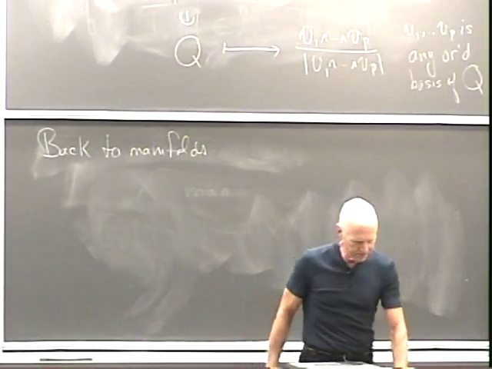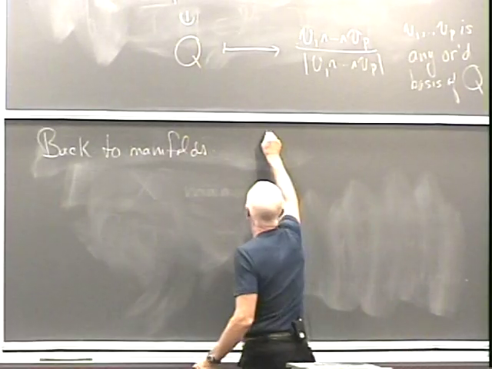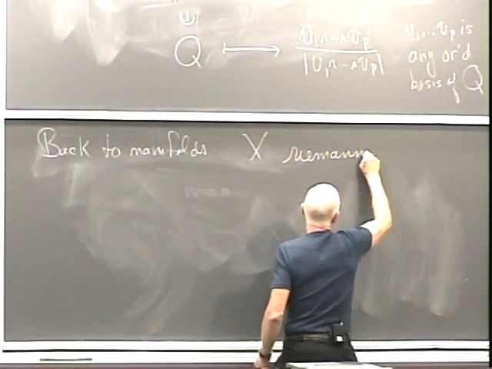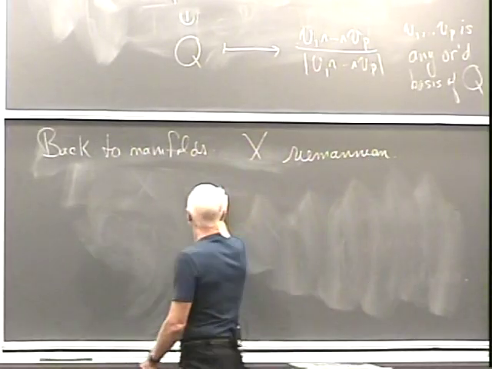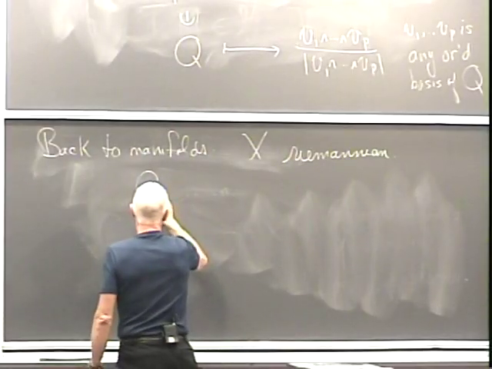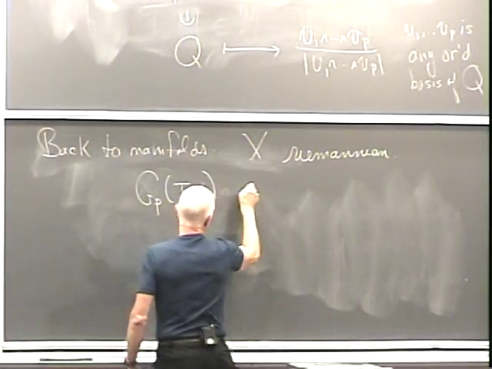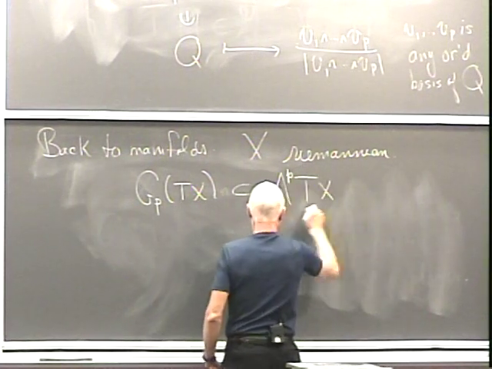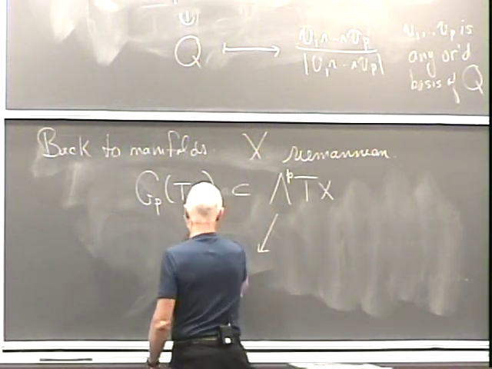Okay, then if X is Riemannian, then we have this nice bundle, G_p of T_x, sitting in wedge p of the tangent bundle of X. All of this sits over X. Okay?